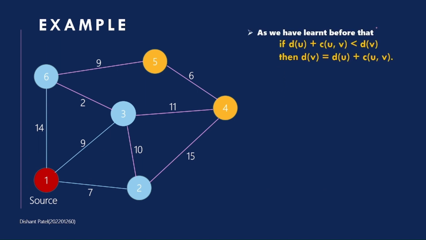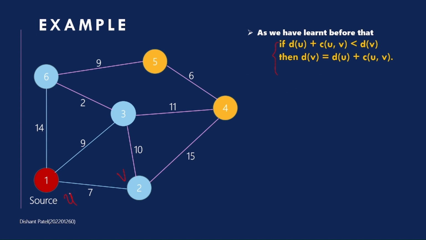As we have learned before, if distance of u plus cost of u to v is less than distance of v, I am explaining this. Here u is our starting node and v is our approaching node.